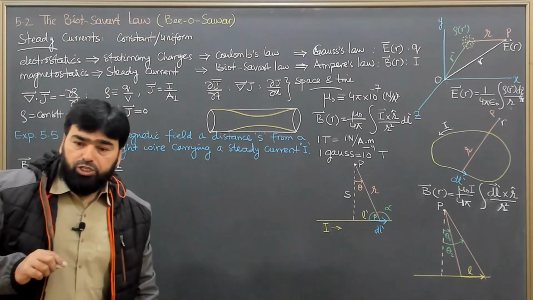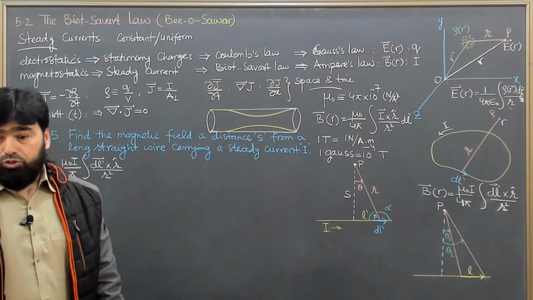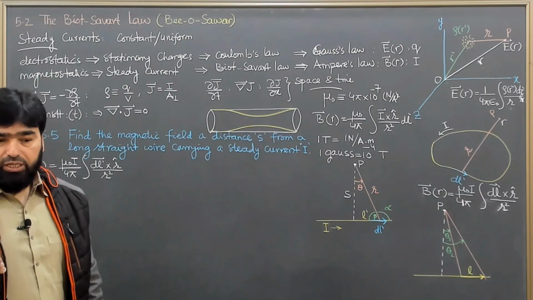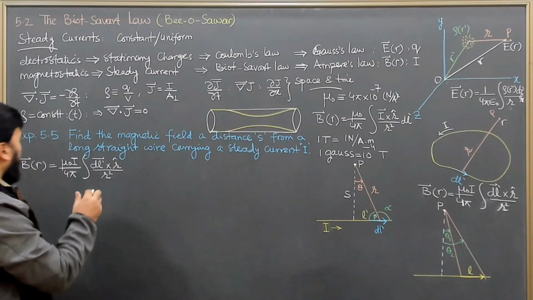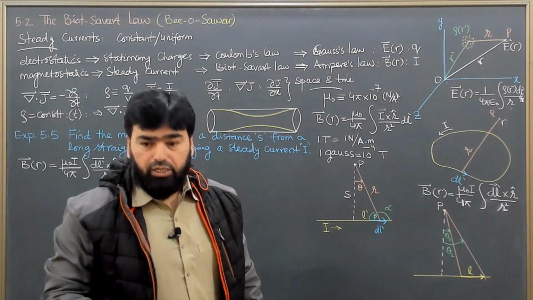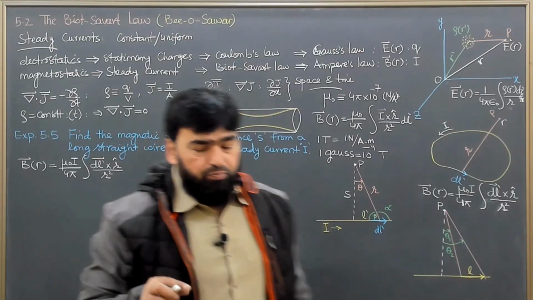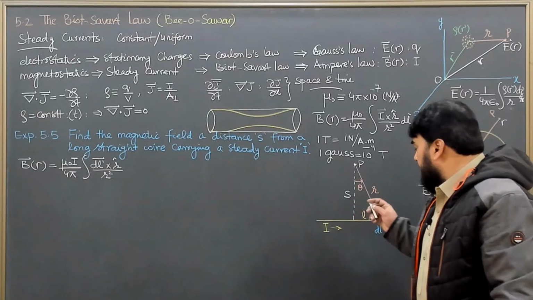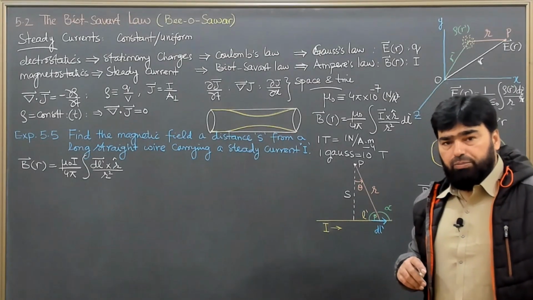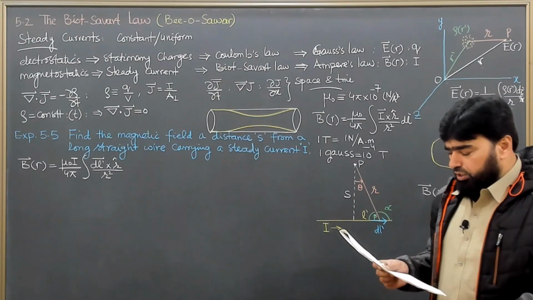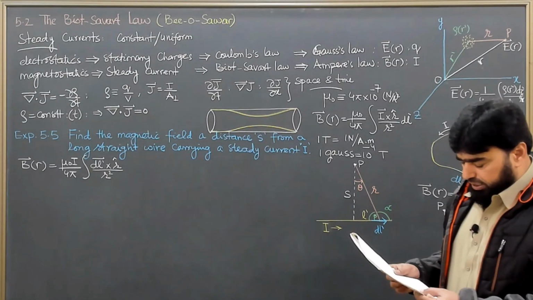Now in this equation, the method is that when you are solving something, first write its formula. And here is its formula, here is its equation. So we have the equation, and now from the figure we will find the different parameters here.